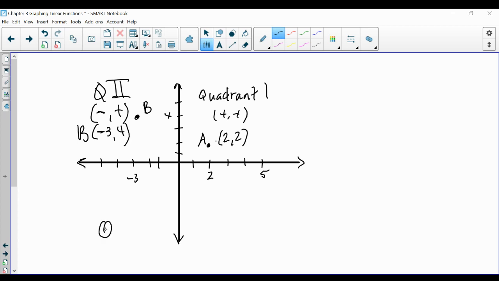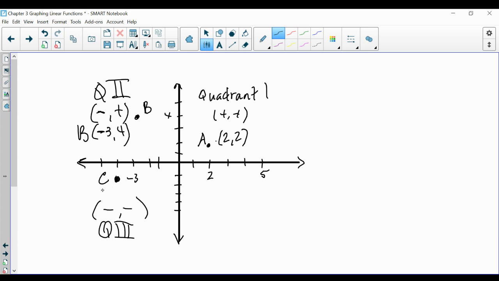My third one is quadrant 3. So I can say that this point here, I'm going to call it C, and the points in this one are always negative, negative.